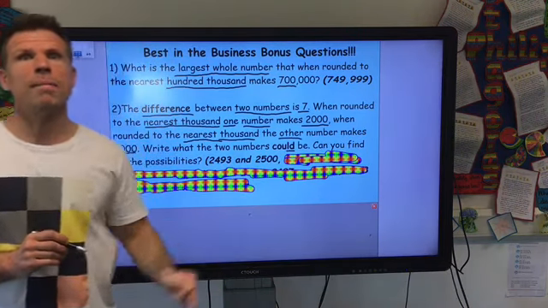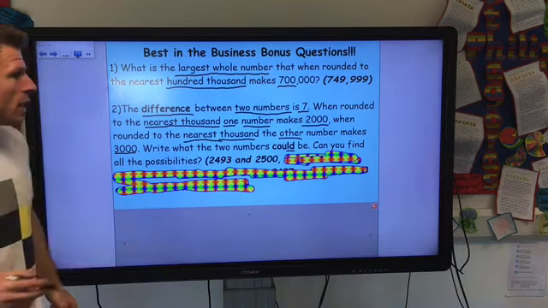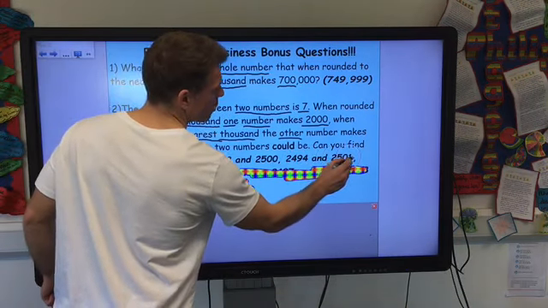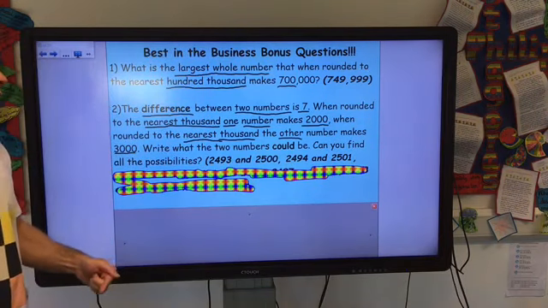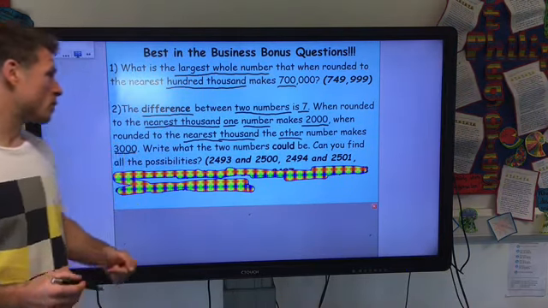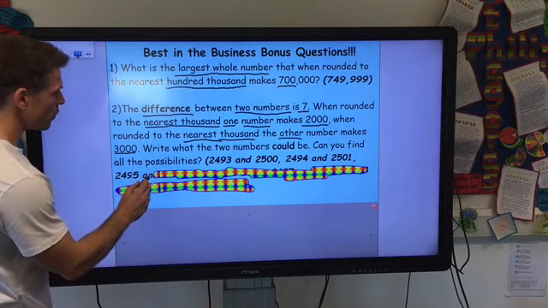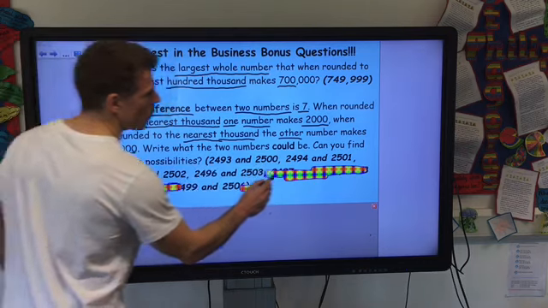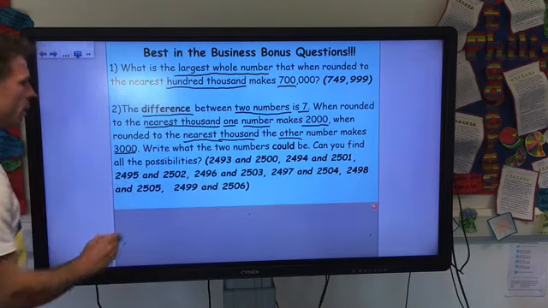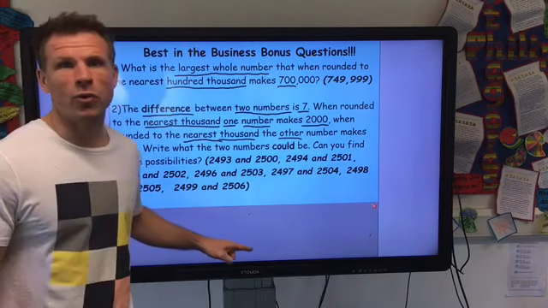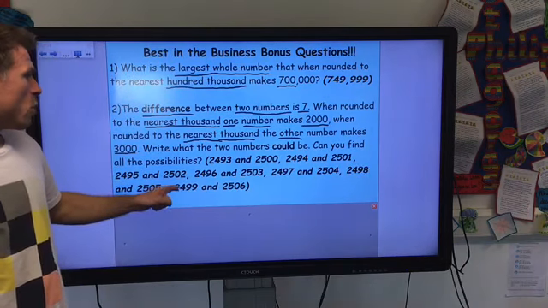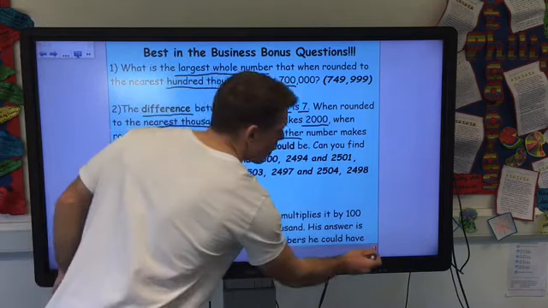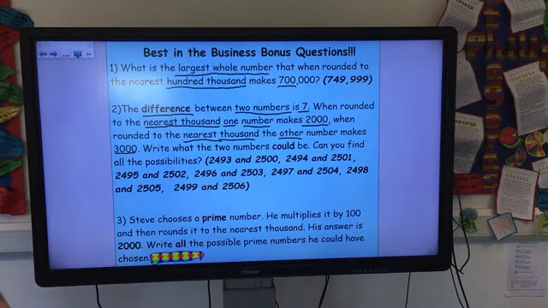What would the next one be? Probably one more than each, wouldn't it be? So the next one would be 2,494, and 2,501. Right, can you work out the pattern of what the next one will be now? 2,495 and 2,502, and so on and so forth. But you've got to stop when the lowest number gets to 2,499, because of course, one more than that, and you start rounding up.